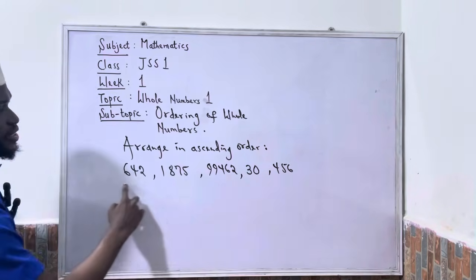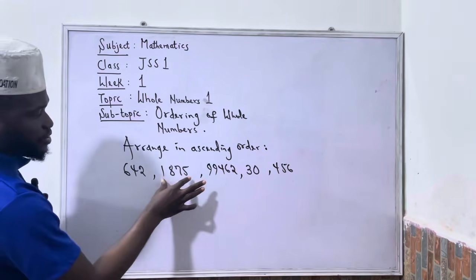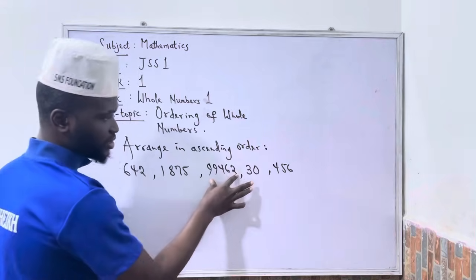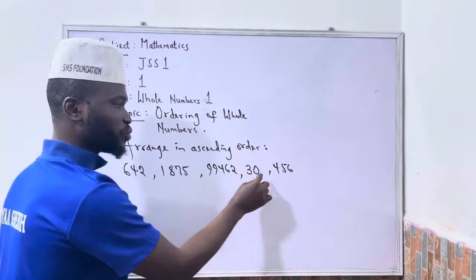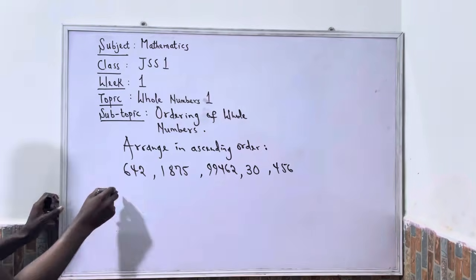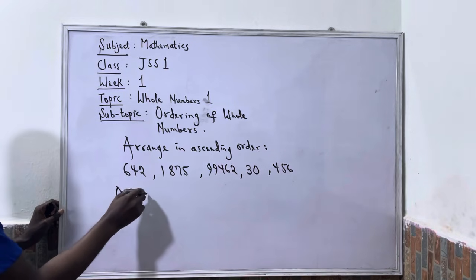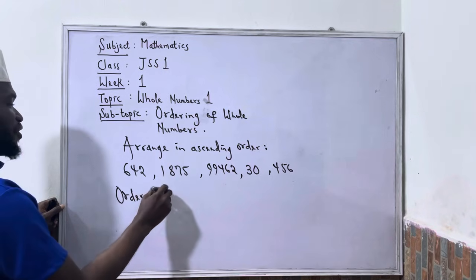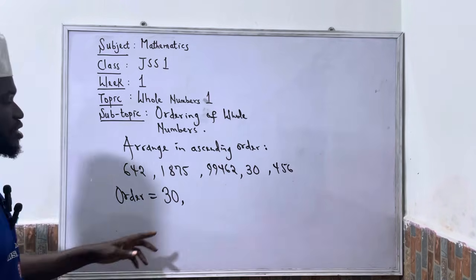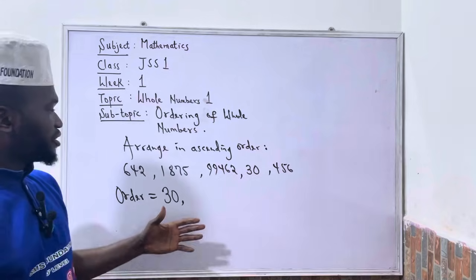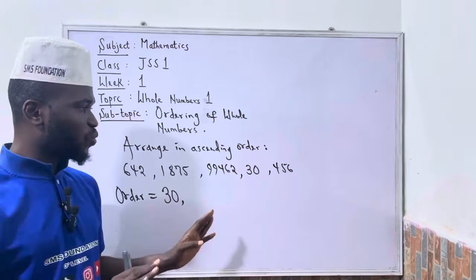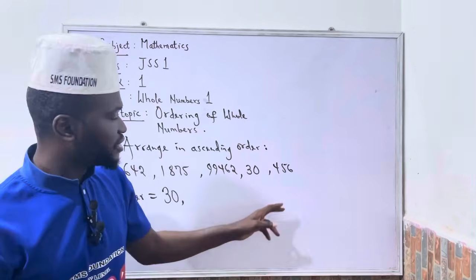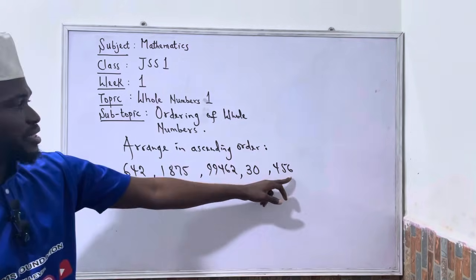So this has 3 digits, this is 4 digits, this is 5 digits, this is 2 digits. So 2 digits must come first. So the order has to go like this. 2 digits is the smallest, so we go for 30 first. After 30, is there any other one with 2 digits? No. Let's check if there is 3 digits. This is 3 digits, and this is another 3 digits.